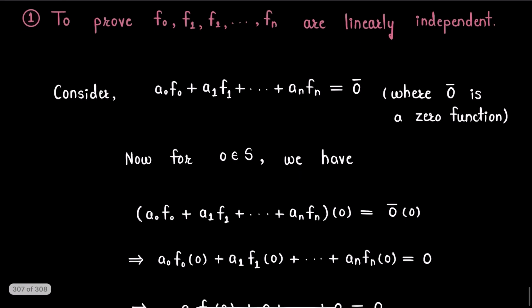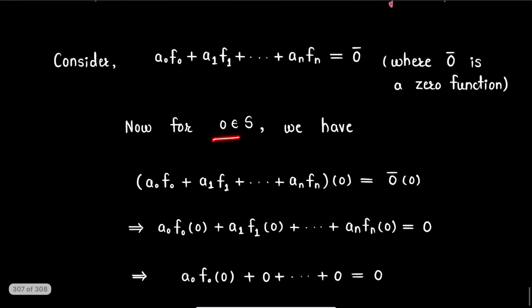Now, consider 0 in set S. Then we have image of this 0 under this linear combination is equal to image of 0 under 0 function. Now, image of 0 under 0 function is clearly 0 and this LHS becomes this.